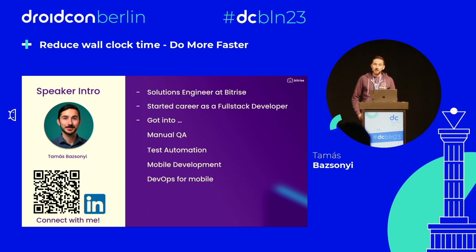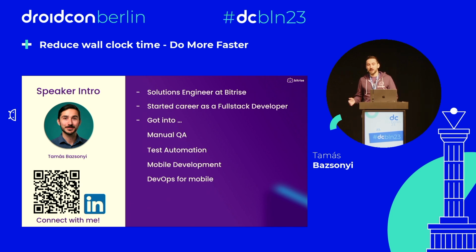I started with manual QA, and as time passed, I started to also dig into test automation. This basically helped me to make better use of my knowledge as a full-stack engineer and basically use that to create automated test cases.